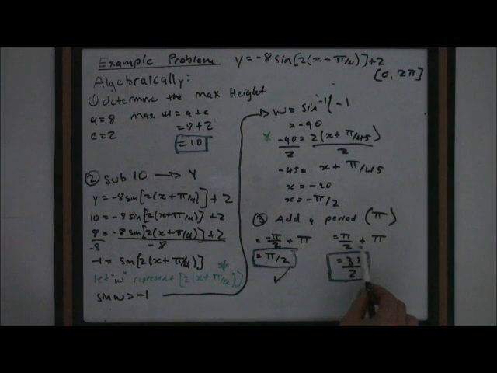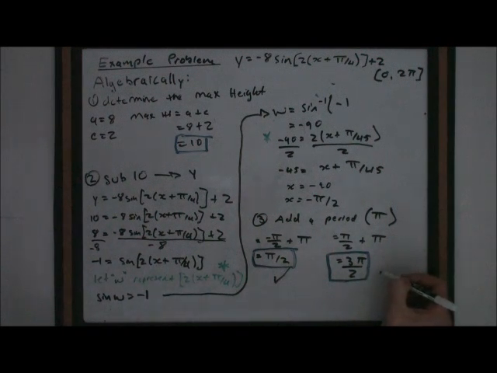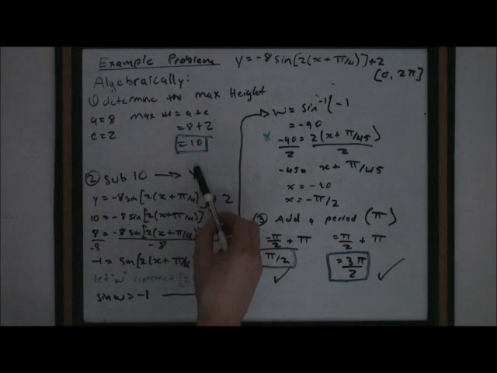Next, we're going to add another period of pi. So we get pi over 2 plus pi is 3 pi over 2, which is our second answer. So, again, our maximum height occurs at pi over 2 and 3 pi over 2, and that max height is 10.